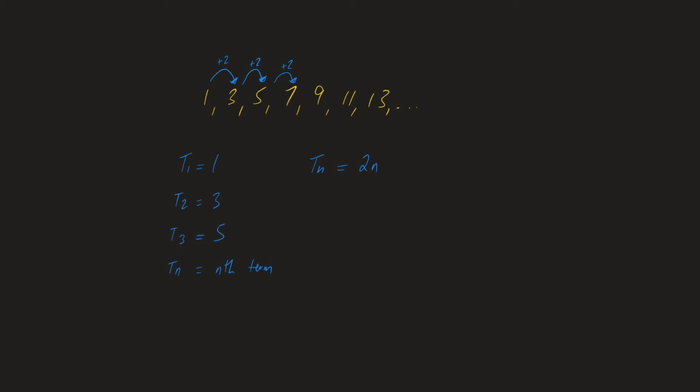And then I've got to subtract 1. So let's see if it works for the second term. Second term, 2 multiplied by 2 is 4, minus 1 is 3. The third term, 2 multiplied by 3, which is 6, minus 1 is 5. So therefore, that's our formula for this particular sequence.